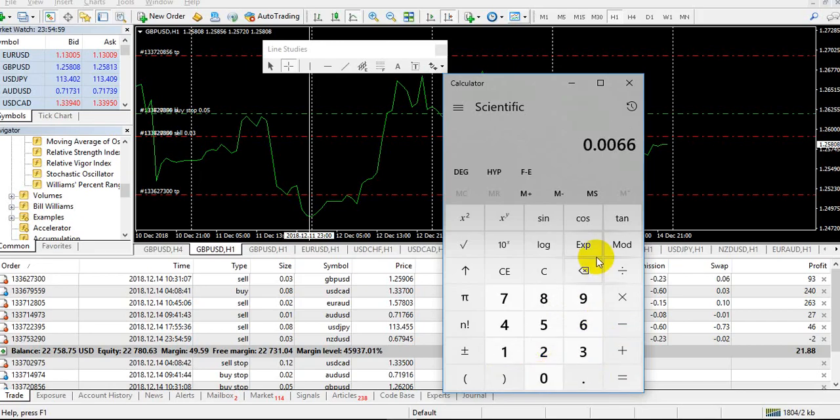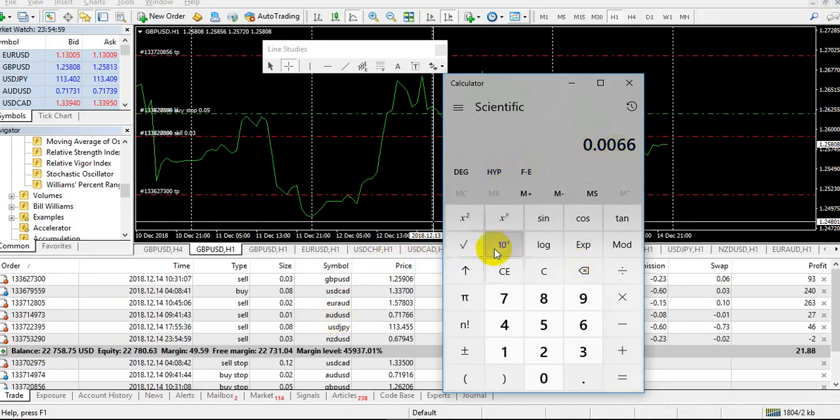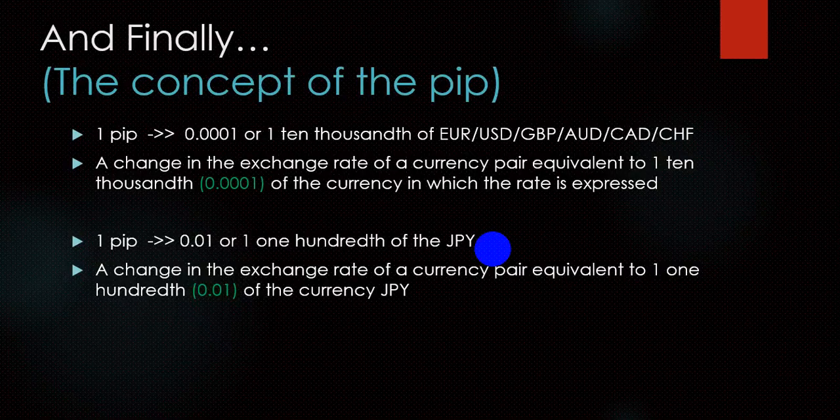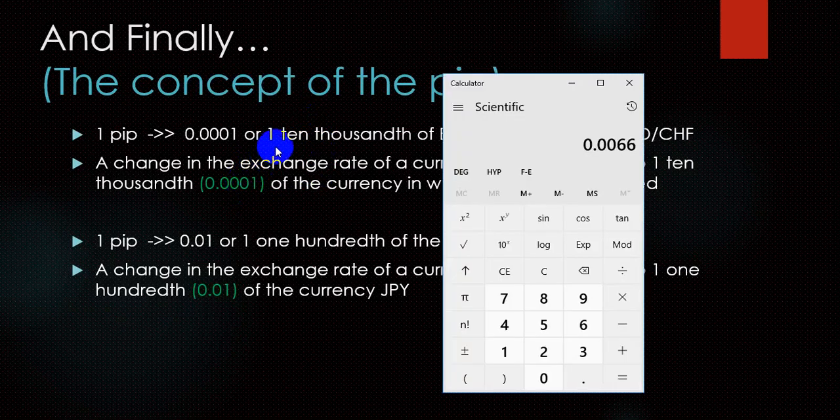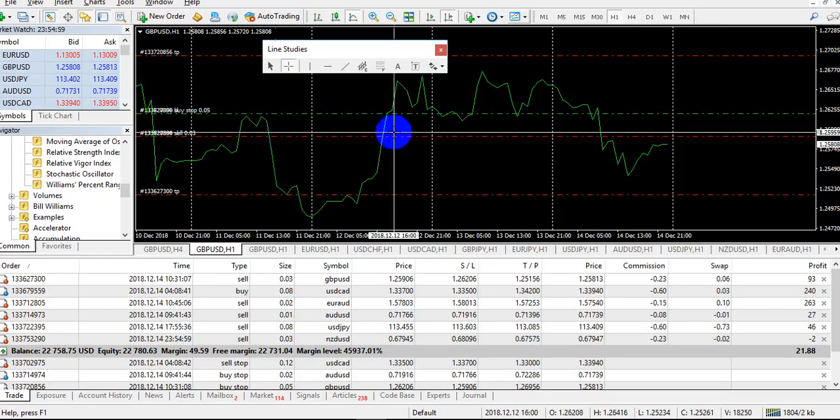So price has moved 66 pips because this is 0.0001 times 66. Price has moved 66 pips in that situation.